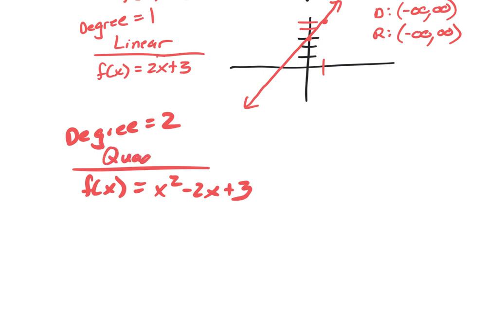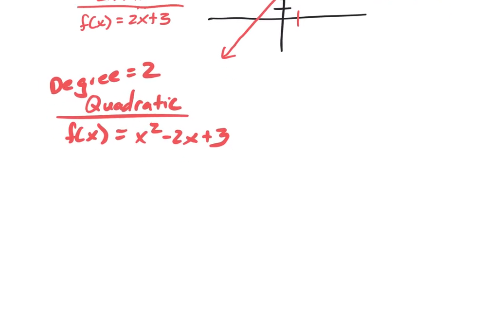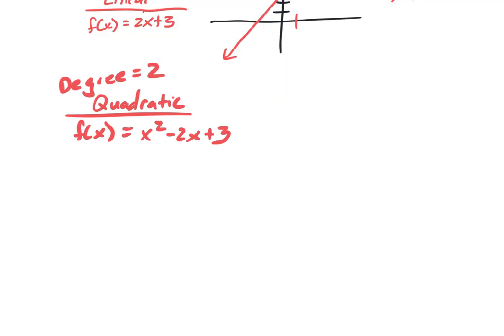Another one that we've had some experience with in the past. Going back to Algebra 2, we saw quadratic a lot, solved quadratic equations. We're going to see those a lot more going forward this semester. Haven't seen them a whole lot up to this point. If I graph this one, and we could put this into our calculator.